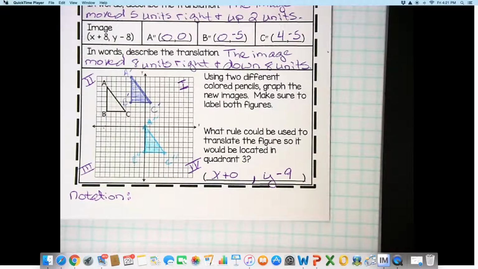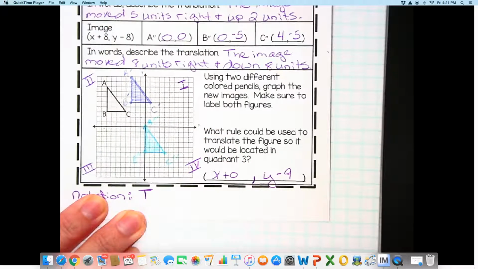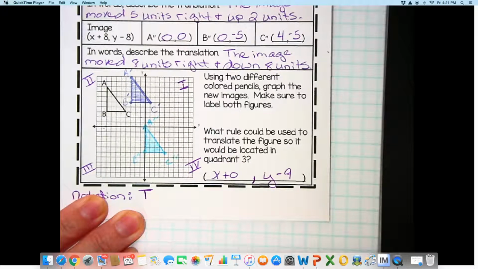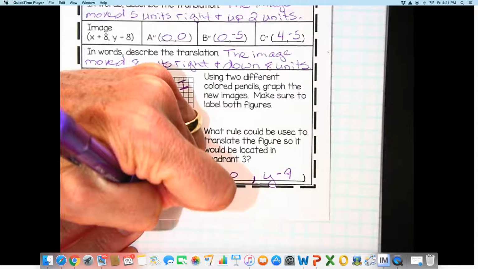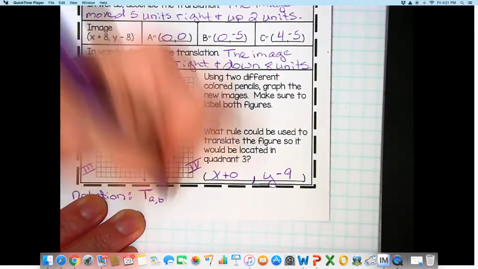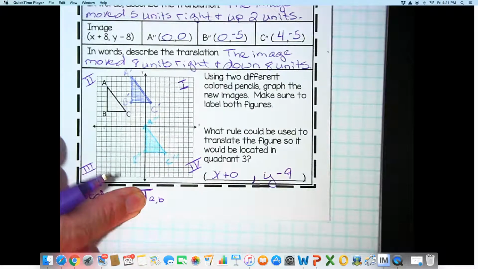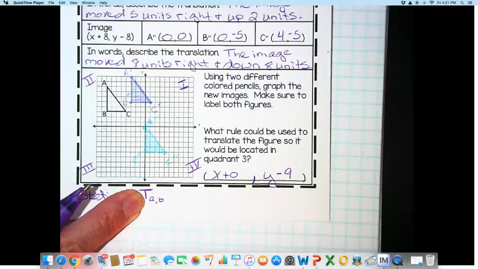They usually use a capital T, which stands for translation, and a little subscript AB. The A stands for what I'm adding to or subtracting from the X's. The B stands for what I'm adding or subtracting from the Y's, okay?